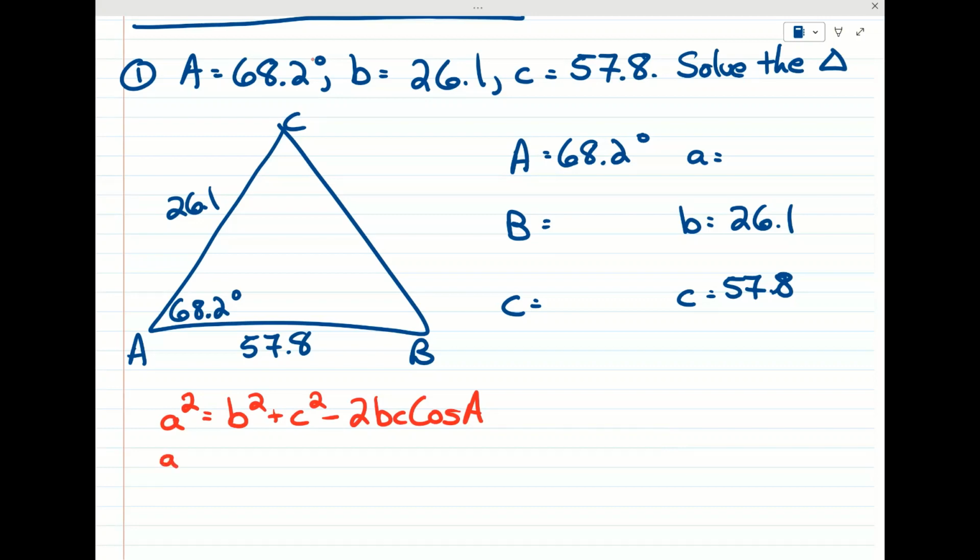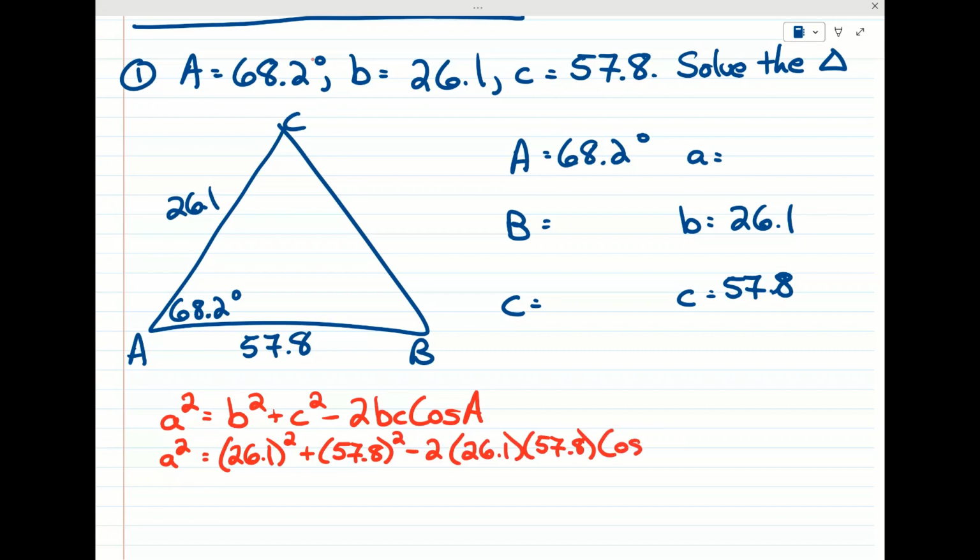Let's plug in our numbers and make sure we could type it in correctly. B is 26.1, C is 57.8, minus 2 times 26.1 and 57.8, and then the cosine of 68.2 degrees.